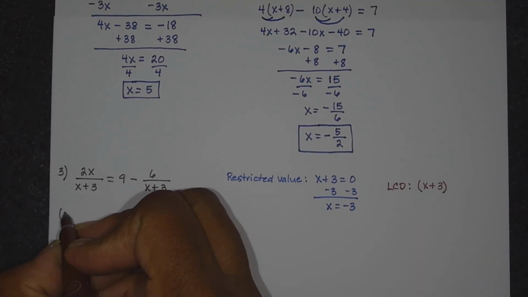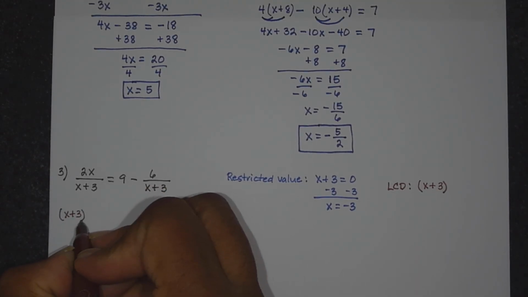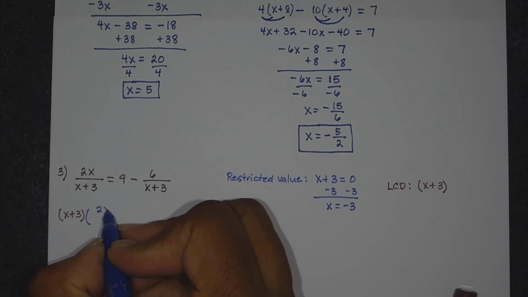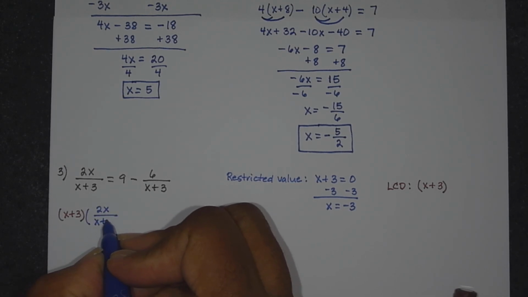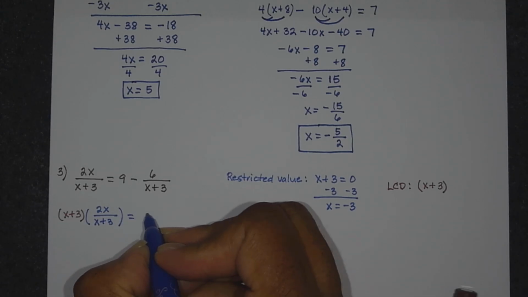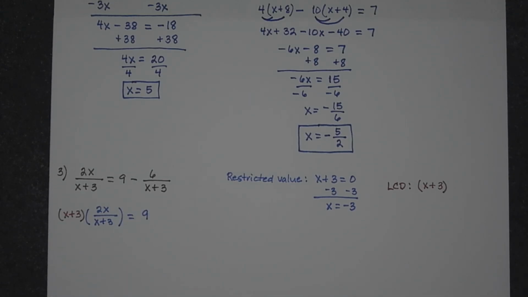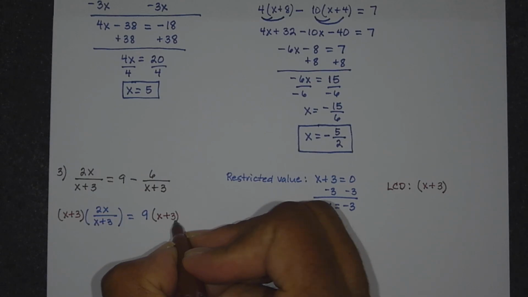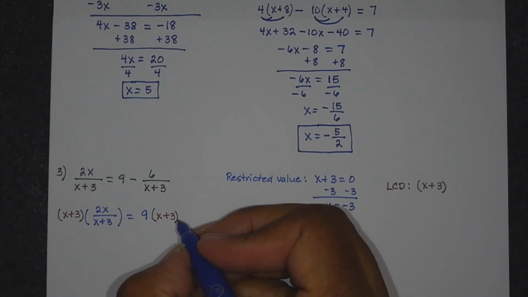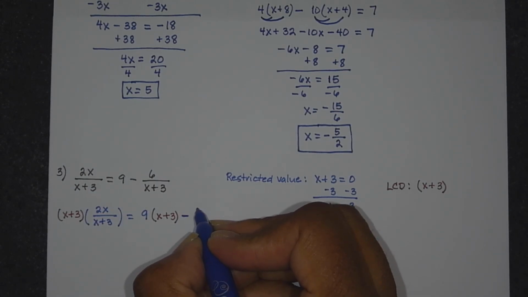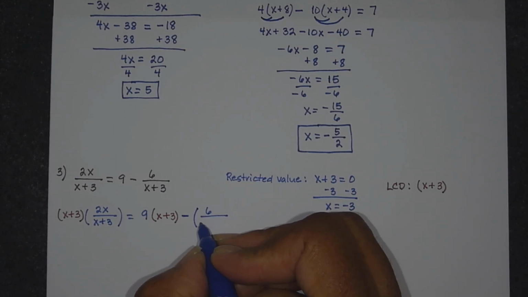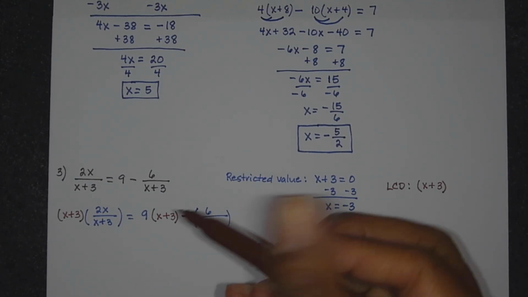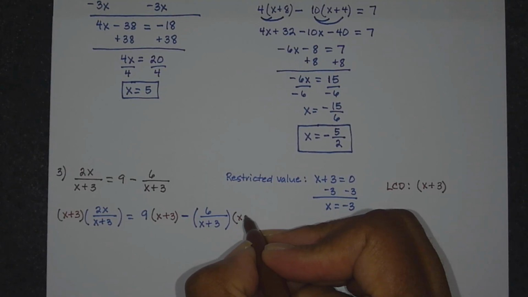So that means x plus 3 would be multiplied by 2x over x plus 3. And then that's equal to 9 multiplied by x plus 3, and then minus, I'll put 6 over x plus 3 in parentheses, multiplied by x plus 3.